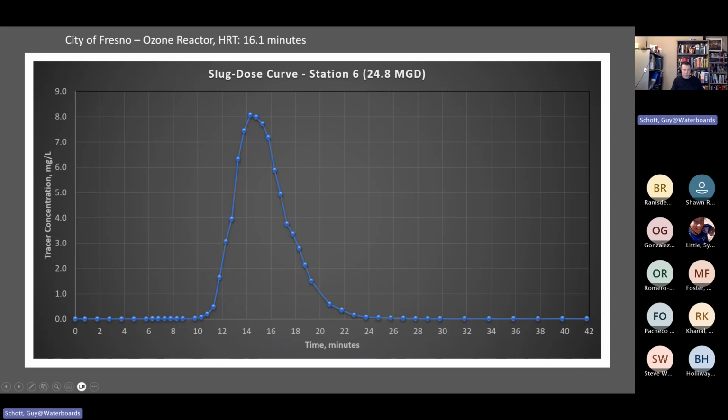The main thing I wanted to show is that the hydraulic residence time is only 16 minutes, but here's the curve. You get a nice curve like this. The frequency of sampling is pretty intense, it might be every 20 seconds or so for this kind of reactor.